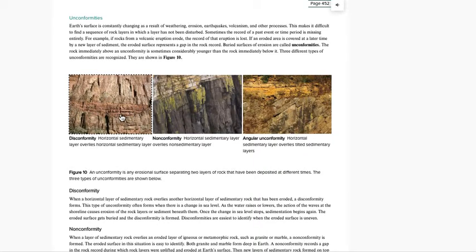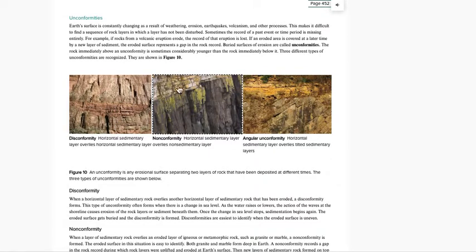So this layer was obviously cut away, due to the principle of original horizontality. It should have been horizontal, and it probably was, but then it was eroded away and this layer filled in. This is called a disconformity.